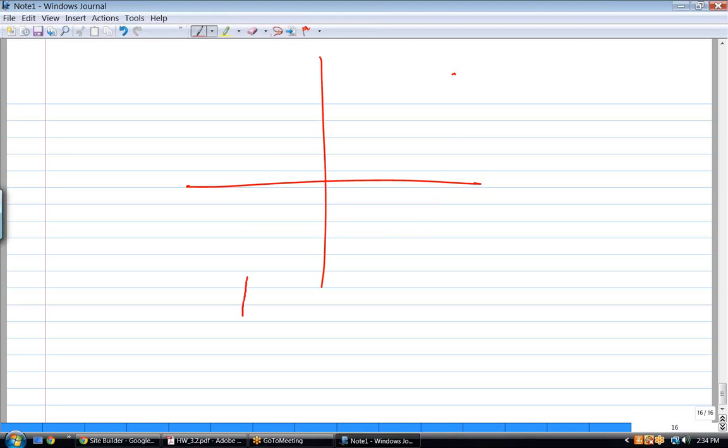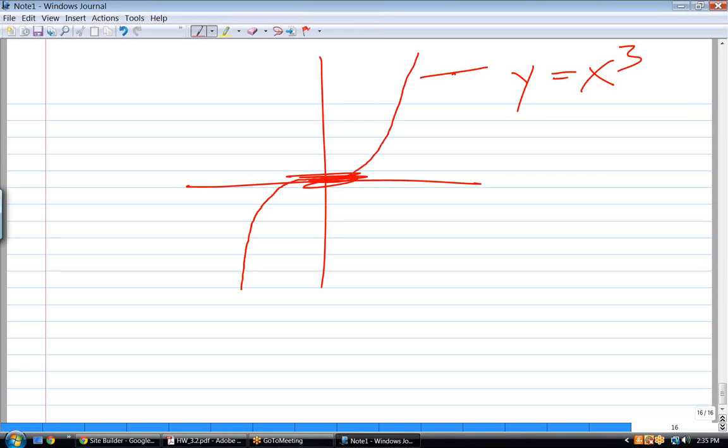If I write the function y equals x cubed, there's a cubic function, and it doesn't have any extrema. It does have one point where the derivative is 0, right there, but that's it.